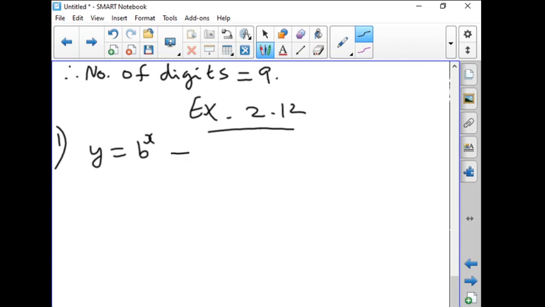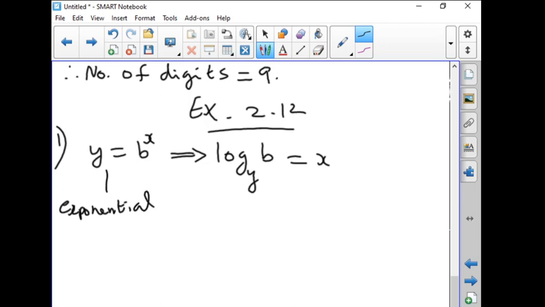Okay. So you know what is the base? b is the base. So how will you write this? Log b to the base, y is equal to x. So this is exponential form and this is logarithmic.